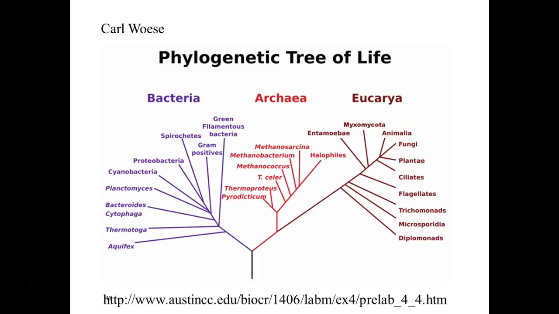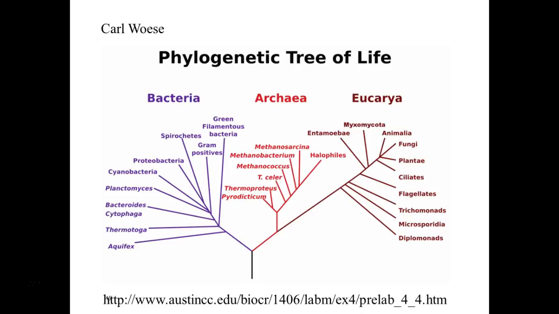So who came up with this? Carl Woese is one of the guys you need to know, and this was his contribution. Back in the 70s, when we started the laborious process of being able to look at sequences of nucleic acids, he started looking at RNA sequences, specifically the RNA associated with the ribosome, because all cells have ribosomes, because they need them to make proteins.